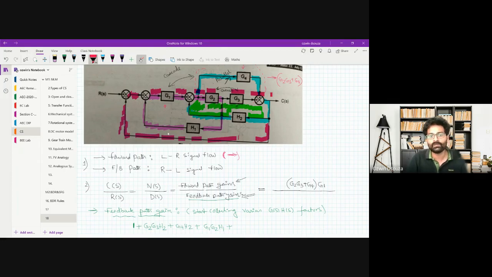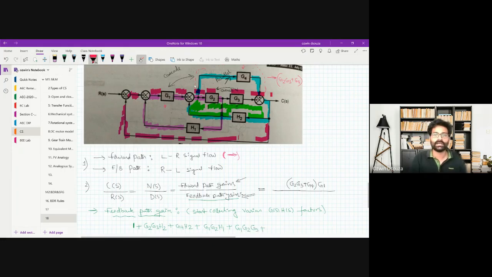So in the outer loop, what is H? H is unity, right? So your feedback gain is G1 into G2 into G3 into 1. So it is G1, G2, G3 plus.